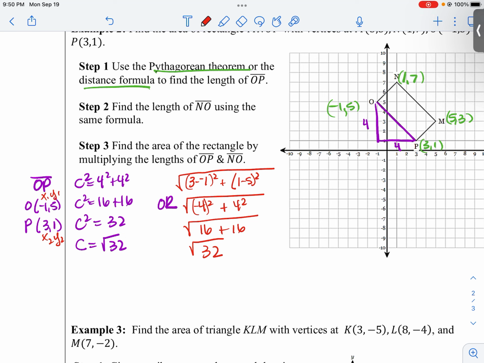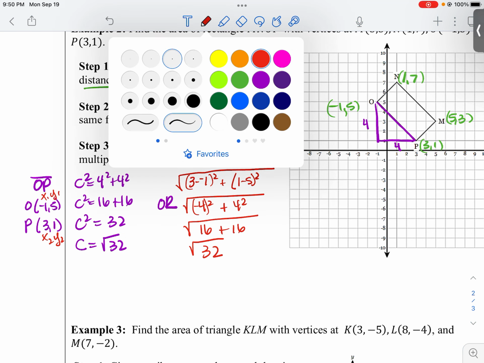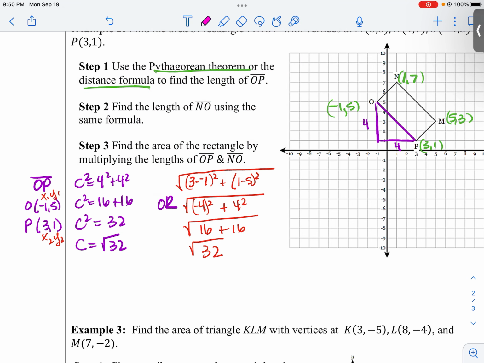So now I have to find NO, where N is (1, 7) and O is, again, (-1, 5).